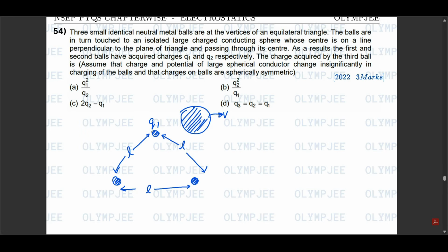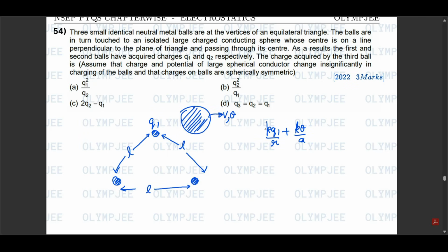So let me write the potential on the surface of this q1 charge. So it will be kq1 by r plus kQ by a, where Q is the charge on this large metal ball, right?